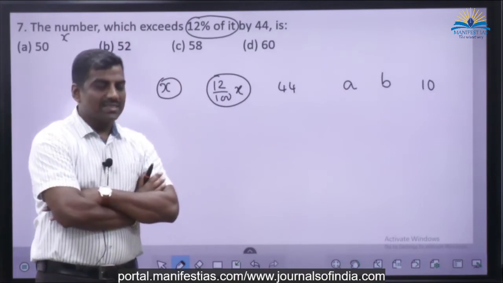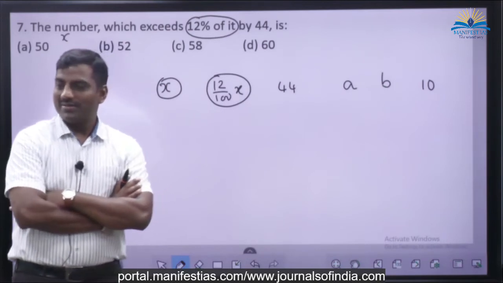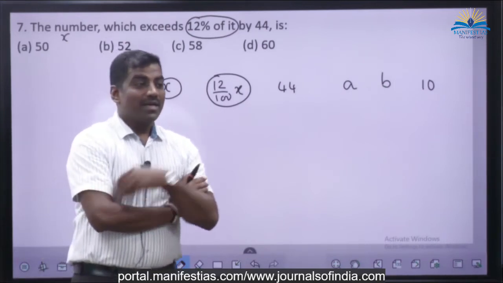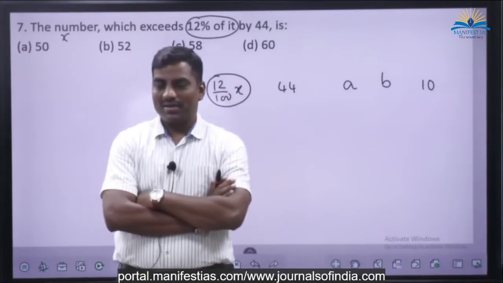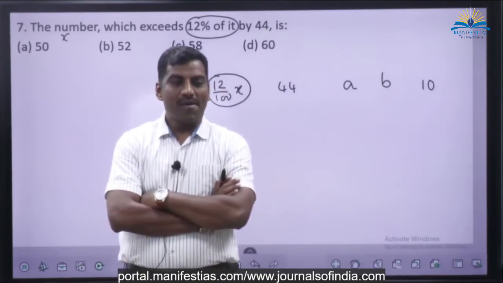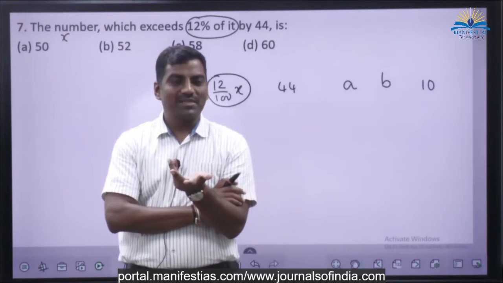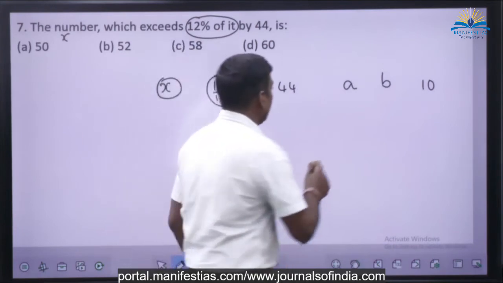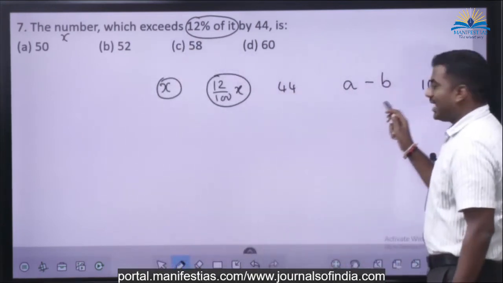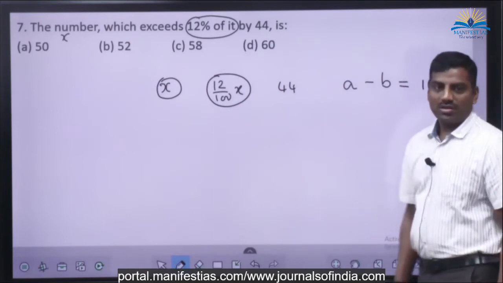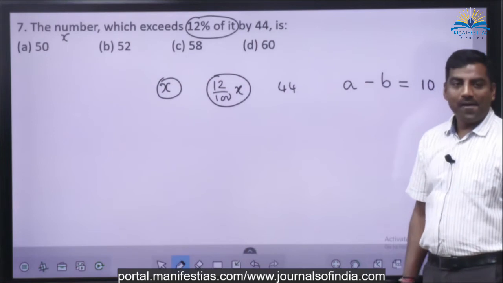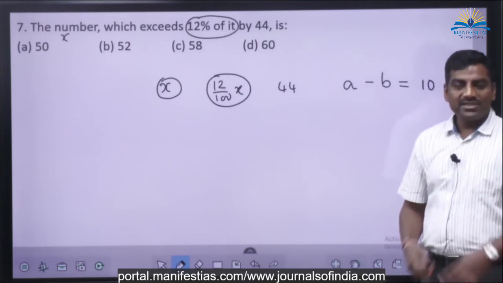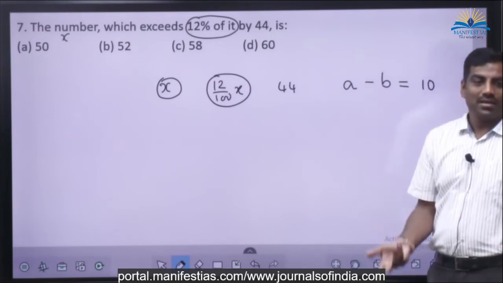If you don't understand this English, it will be difficult. A exceeds B by 10. A is 10 more than B. Simple. Write it in equation. A is 10 more than B, no? That means A has 10 more than B.